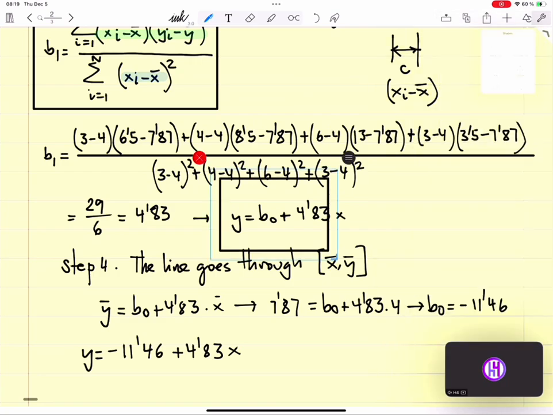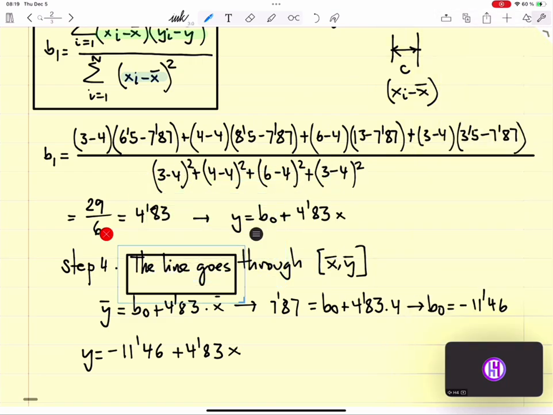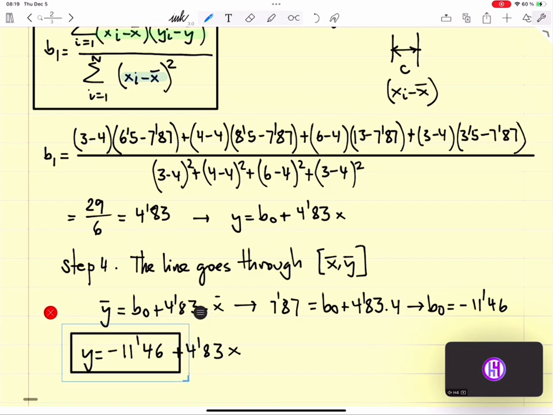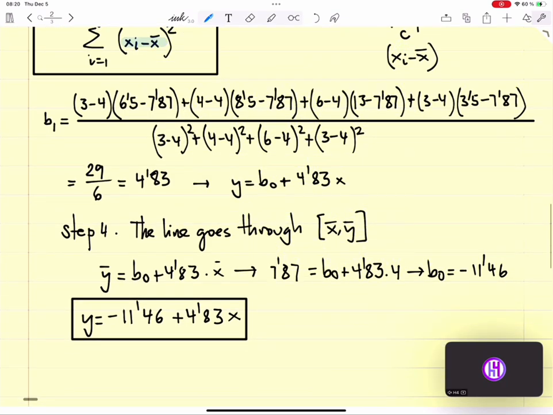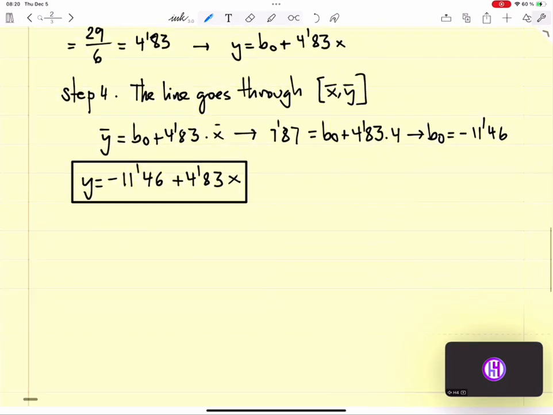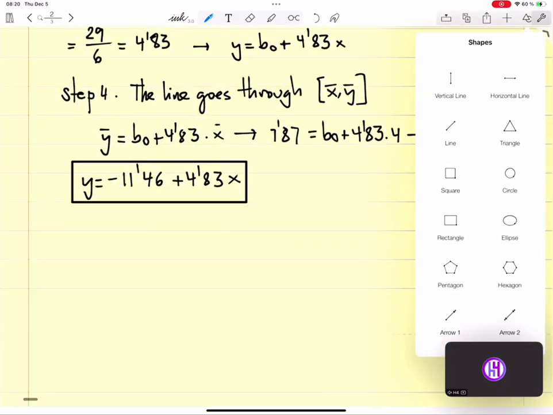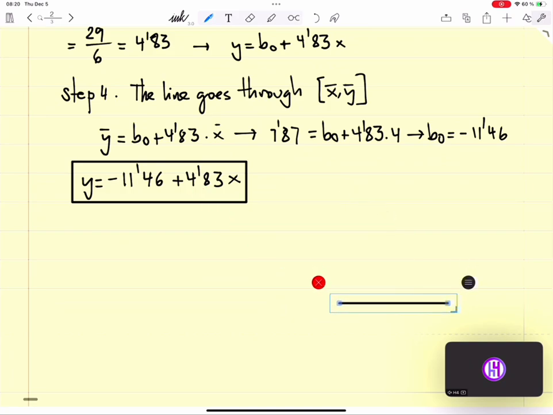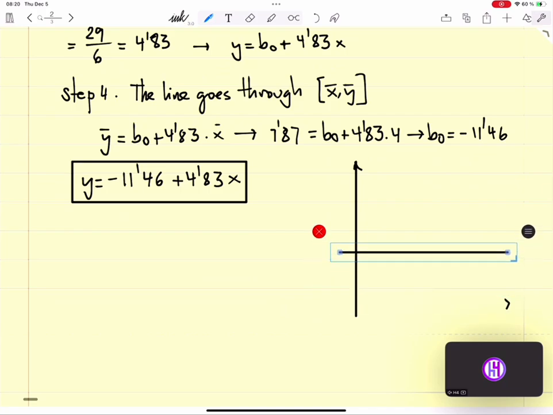Minus 11 is the point where the line crosses the y-axis when x equals 0, and 4.83 is the slope. So why is this all good, or something that we want? Because if we paint this line, it will be something like this. I'm gonna put it there.